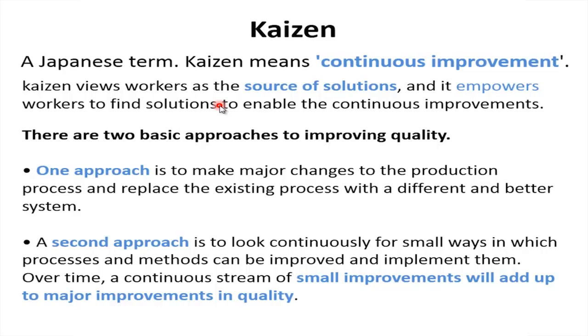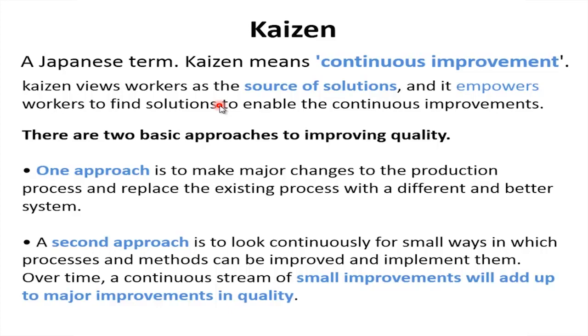So the workers are empowered. It means the authority has been given to them to find the solution. The solution found by the workers will be implemented by the management through the workers.